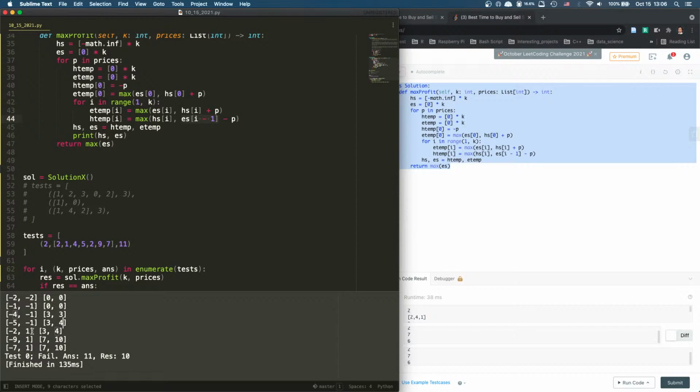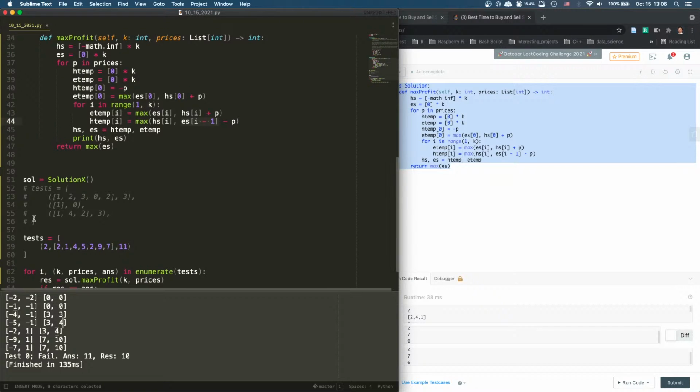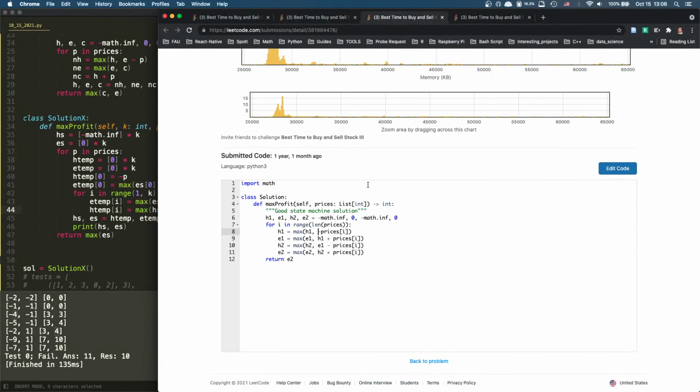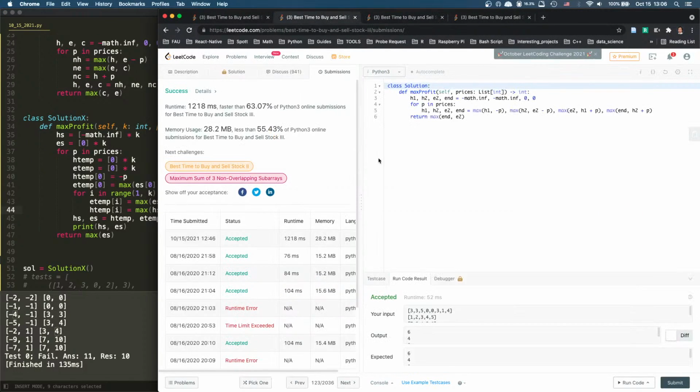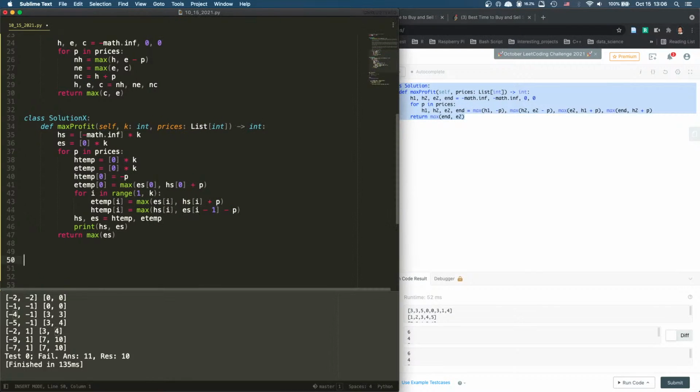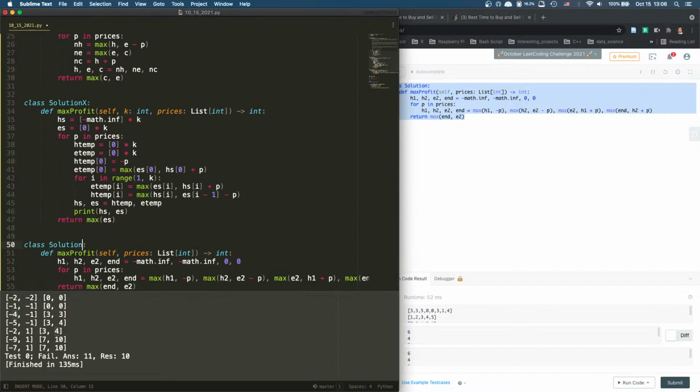How is this not right? Hold on. Let's get my previous one out. Let's get this one out. Alright, so let's get this one out.